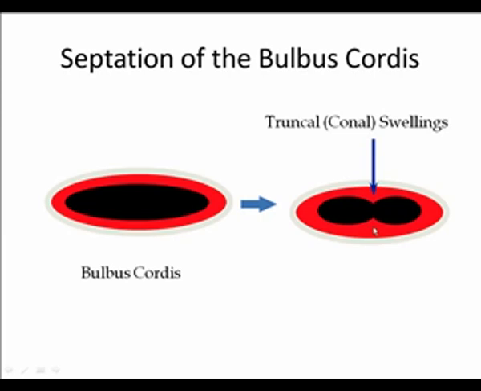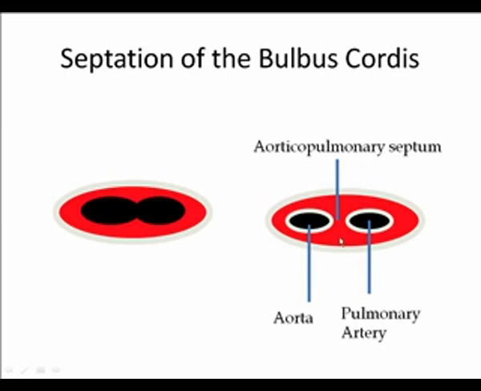These swellings are going to be growing towards the midline and be populated by some of these neural crest cells. They will form this aorticopulmonary septum, in which the aorta and the pulmonary artery are going to be subdivided from the original truncus arteriosus.